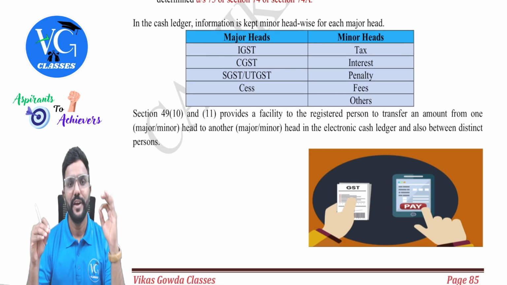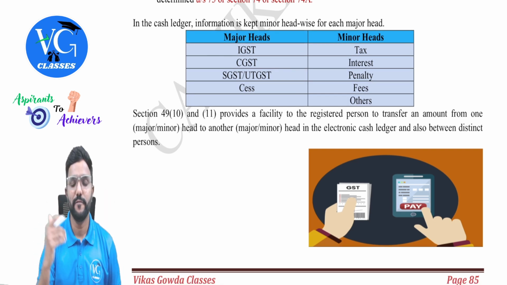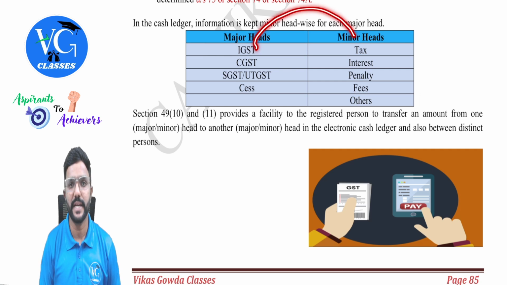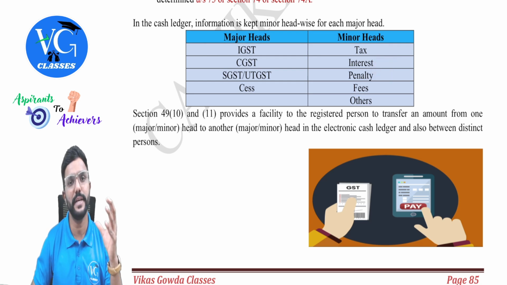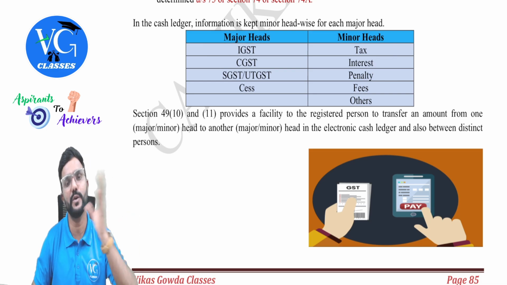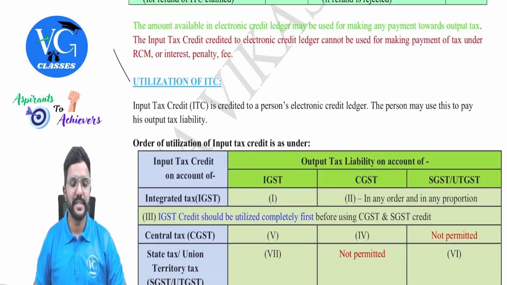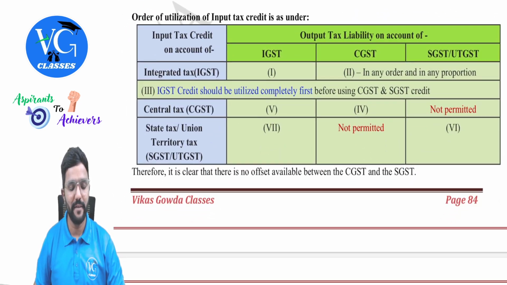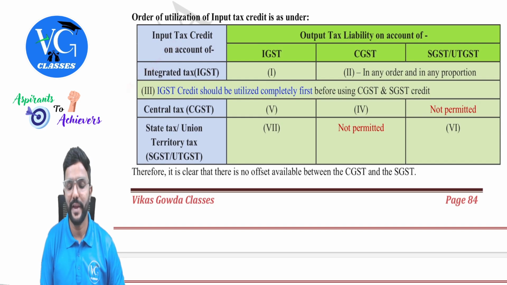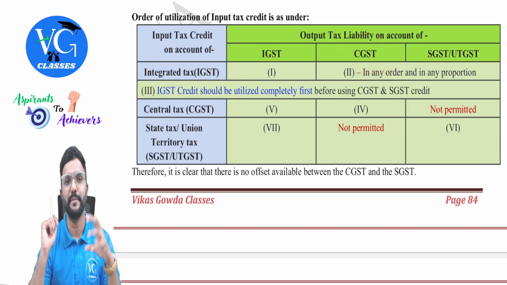Got it? Yes. When I have applied for the transfer of funds from one major head to another major head, or from one minor head to another minor head, it is also the government's responsibility to transfer the balances between them, guys, from one respective account to another respective account. Here also, as per section 53, assume, guys, I have used IGST credit to pay CGST liability.